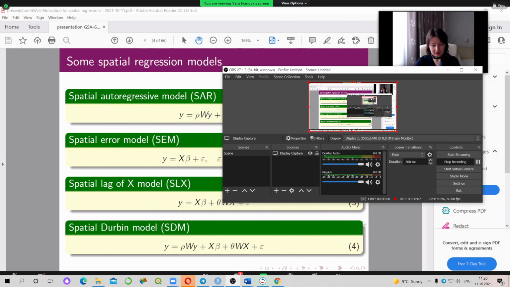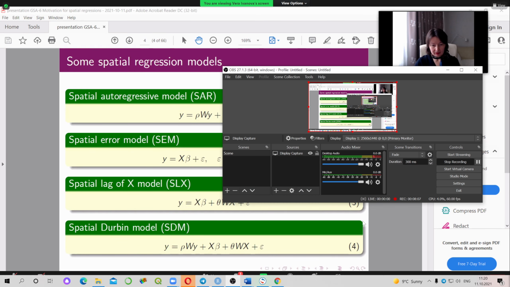Also, we can construct a spatial lag for the X variables. That is, we include Wx, and we get a spatial lag of X model.